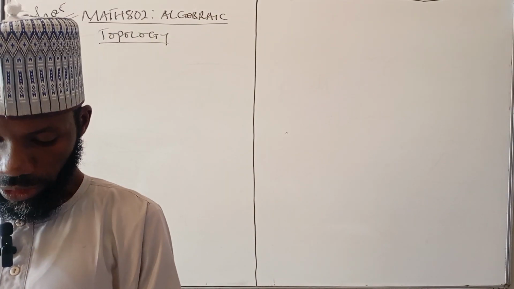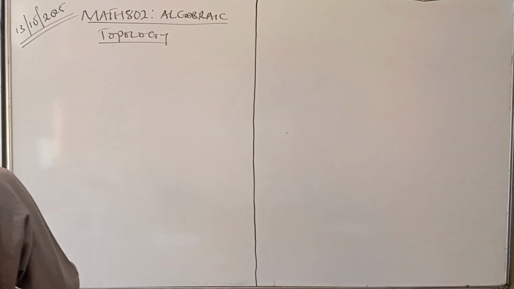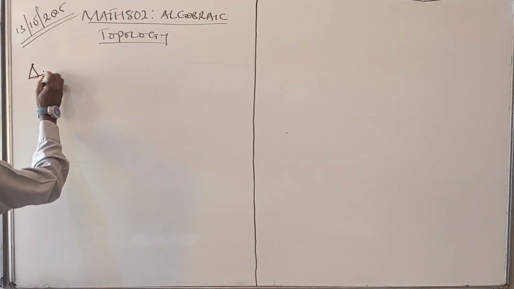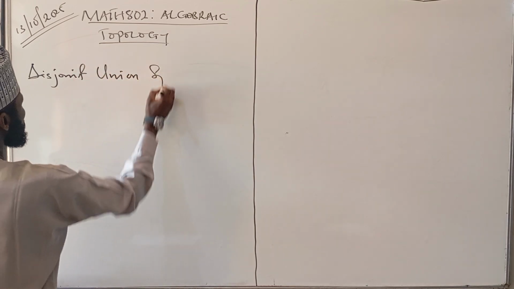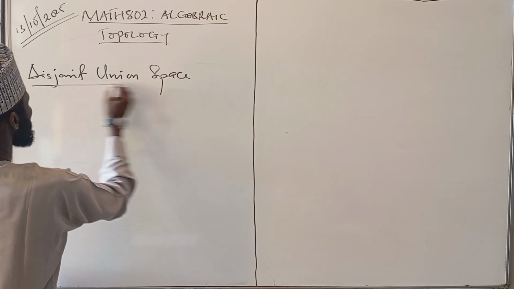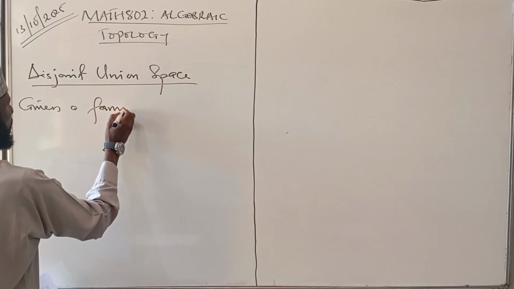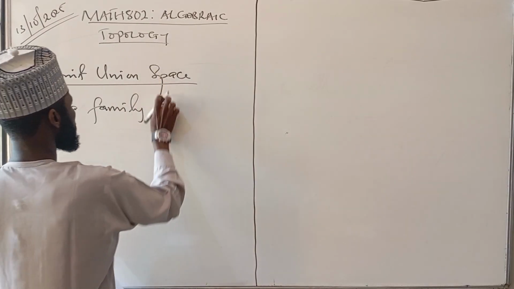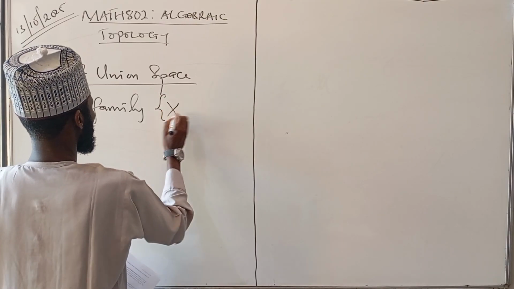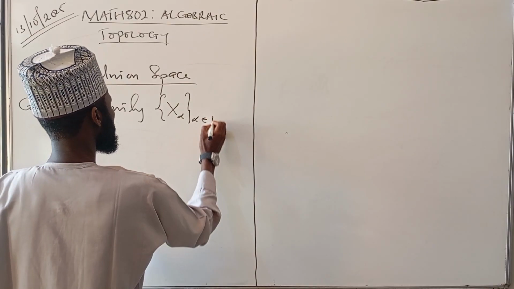Now the next one we are going to look at is disjoint union spaces. That is, given a family of topological spaces, say X alpha, where alpha is in some index set.